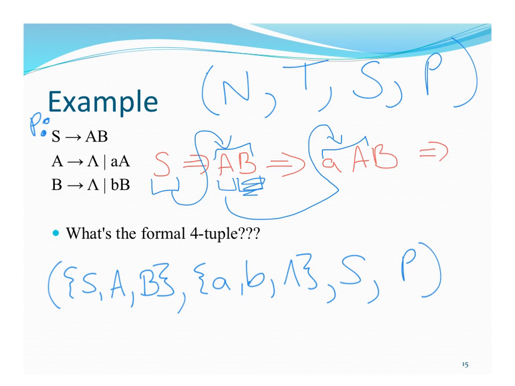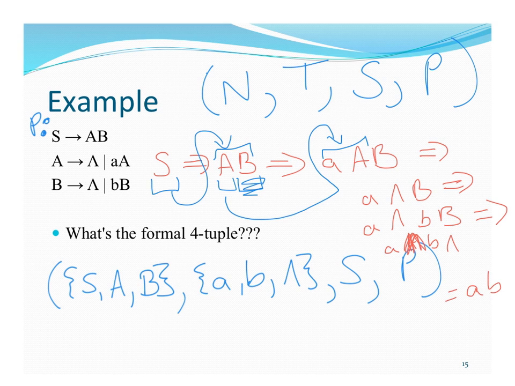So that could go to a lambda B, expanding the A into a lambda, which goes to a lambda bb, which goes to a lambda b. Oops, that's supposed to be a lambda, not an a. A lambda b lambda, which is just the string ab, right?